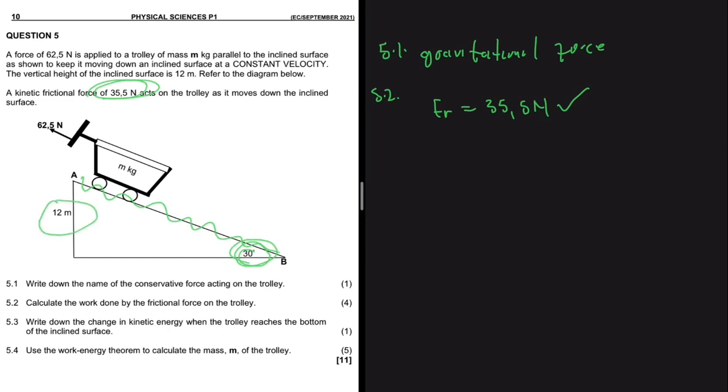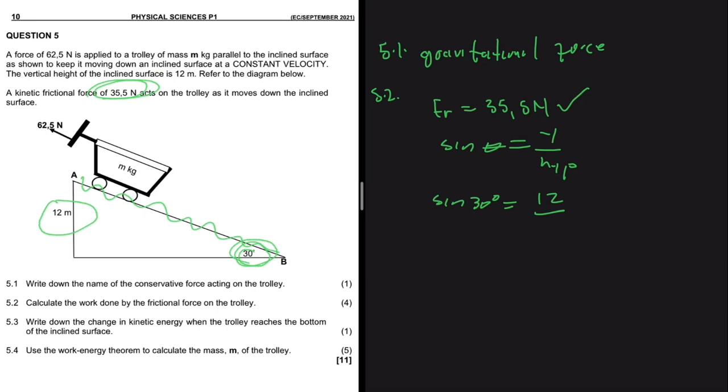So what we can do, we can say that sine of theta is equals to y divided by hypotenuse, right? But then in this instance, we know the angle. We know that sine of 30 degrees is equals to our y, which is our height, 12 meters. So we have 12 meters divided by the length of the incline.